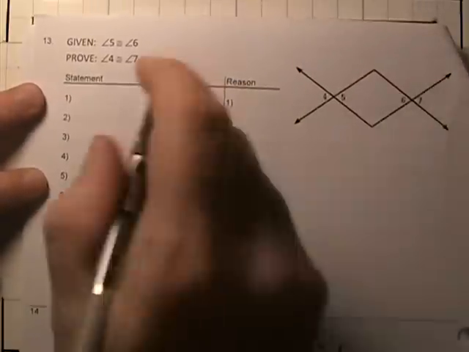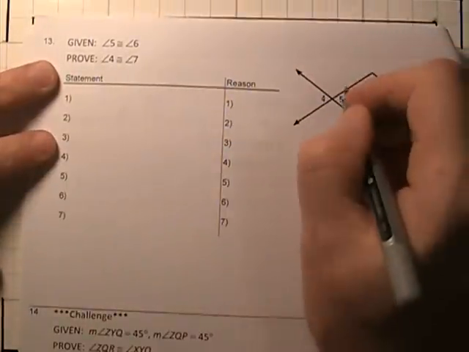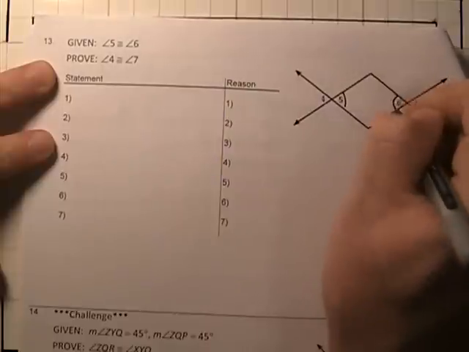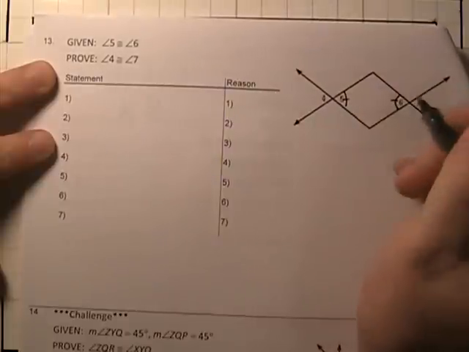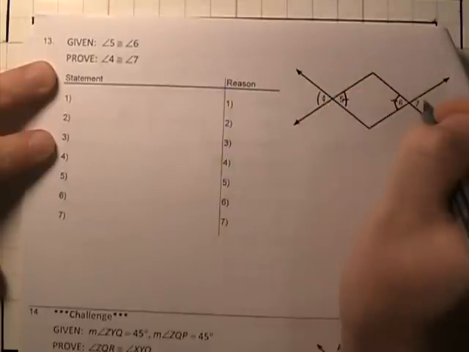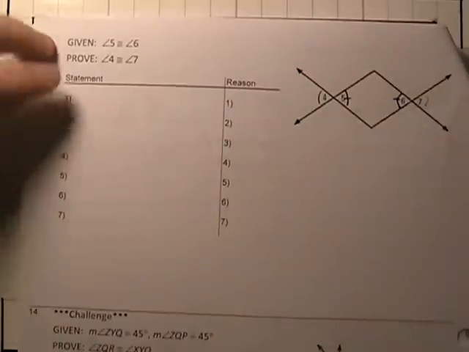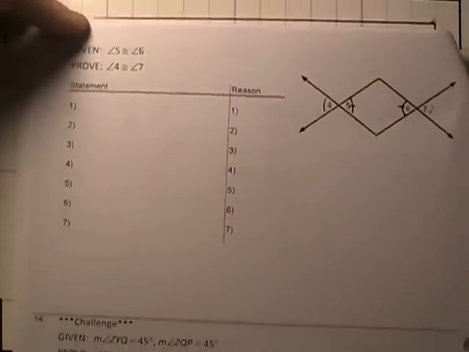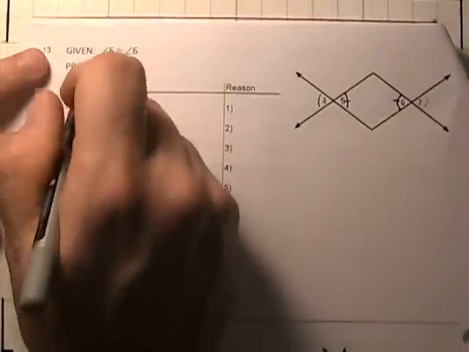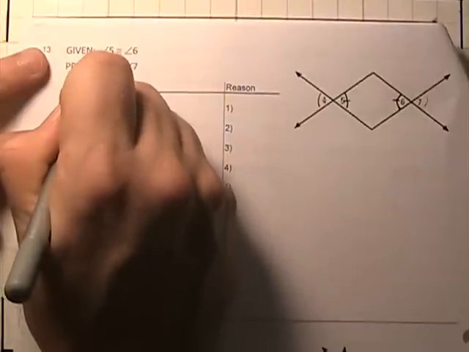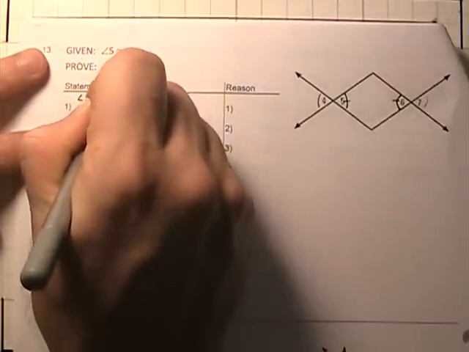Okay, we're given that 5 and 6 are congruent, and they want us to prove that 4 and 7 are congruent. Looks like these are a couple vertical angles here. So I can say that angle 5 is congruent to angle 6.